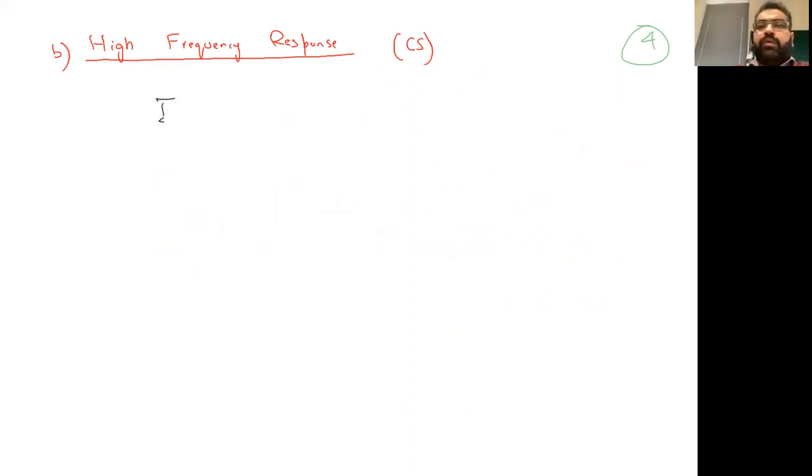So let me draw the high frequency response and then we can do some analysis. If things are not clear, we are going to do some examples in a smaller time, so the things will be clear in a few more.